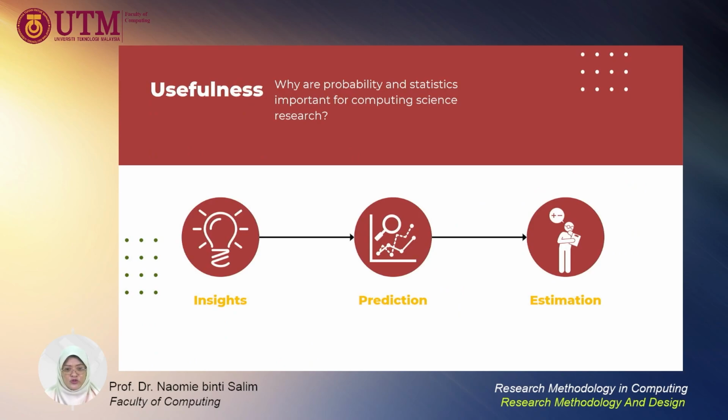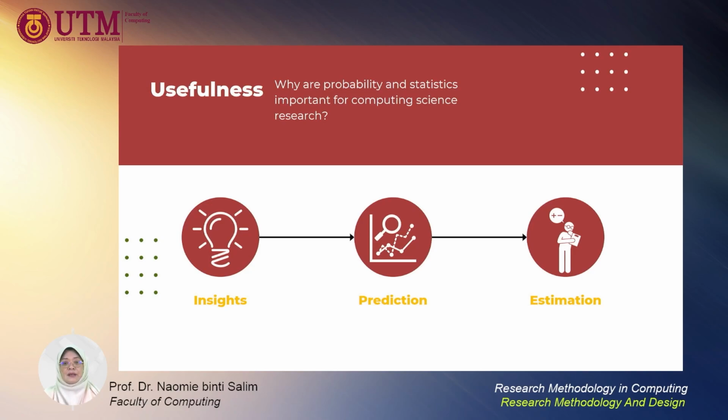Why is it useful to use probability or statistics for computing science research? Because if you use probability and statistics, it can help you get insights from your populations, and you can predict what will happen, and also you can do a number of estimation based on the statistics that you have applied to the sample of your data.